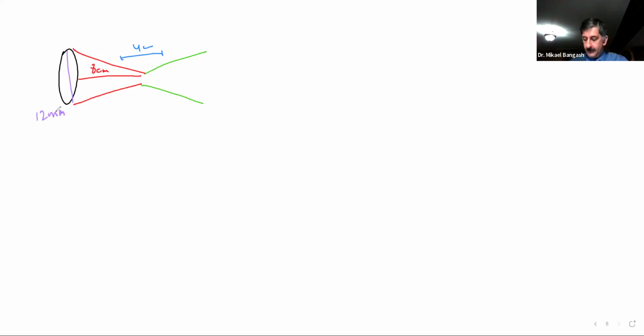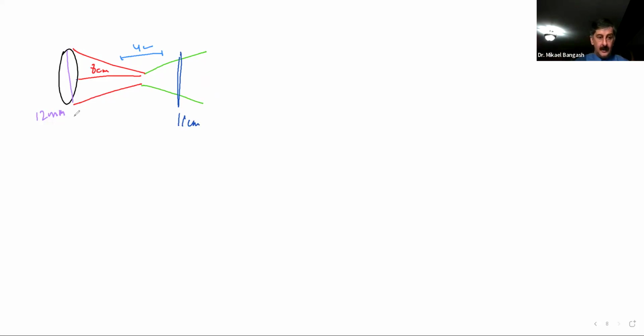Now, what they mainly say here is, throughout the entire course of the beam, from here to wherever, at what depth is it most likely going to have the same diameter as it has at a depth of 11 centimeters?